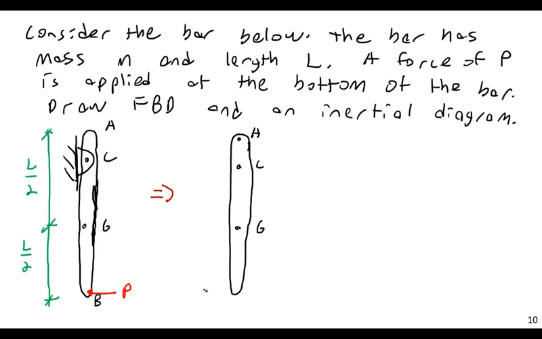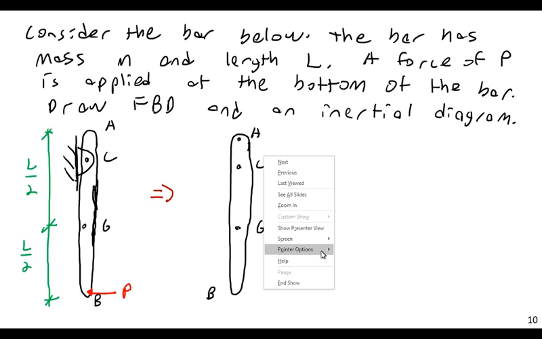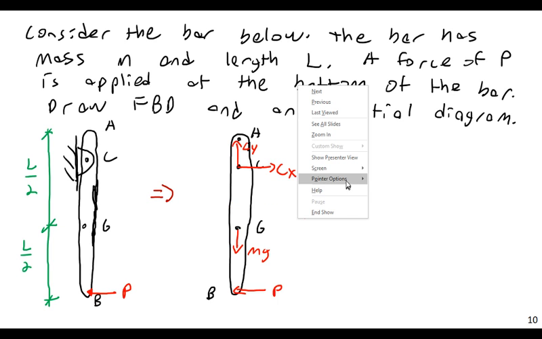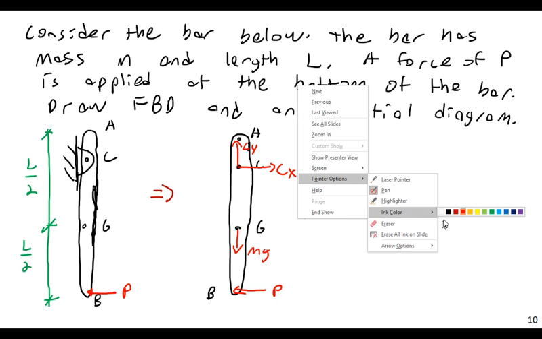G and B here. And the various forces I'll have on here are P, I'll have mg downward, and then I'll have reaction forces Cx and Cy. It is a pin support, so I will need an X and a Y reaction force here, Cx and Cy. And then I also might label an R here.